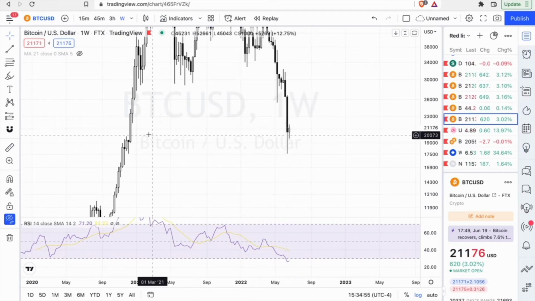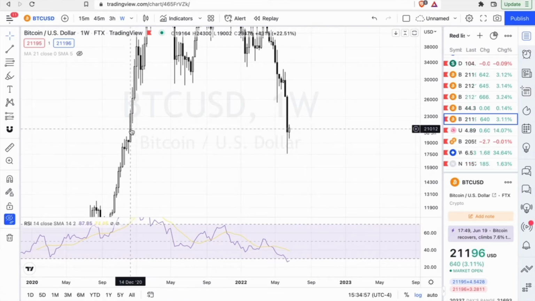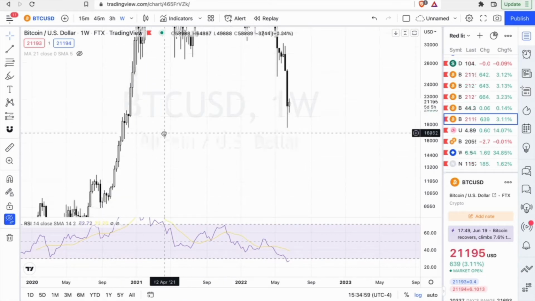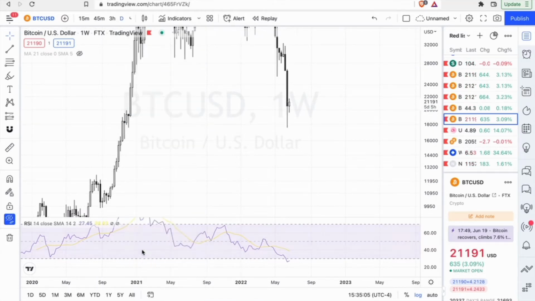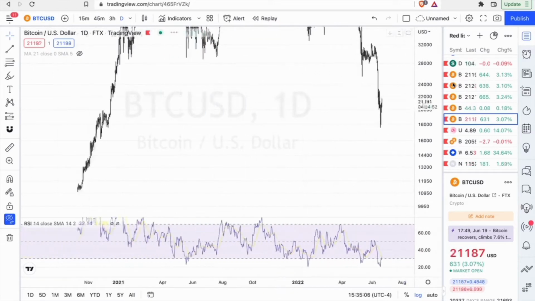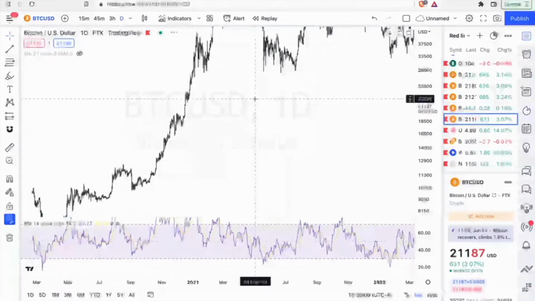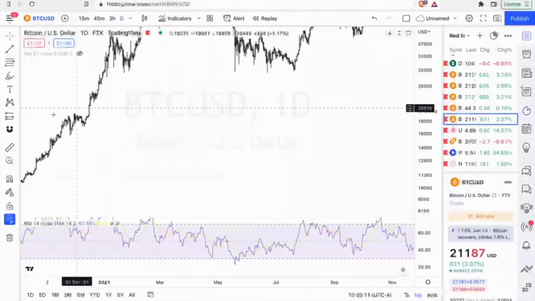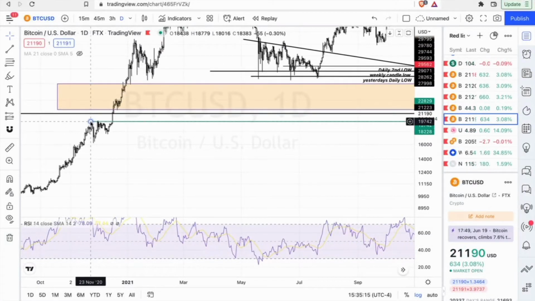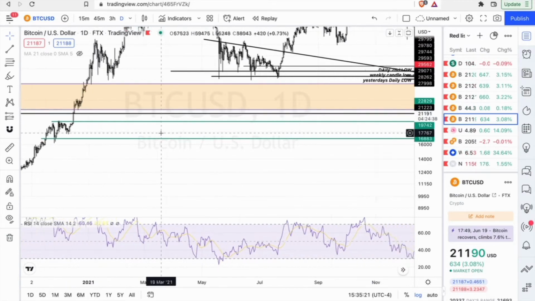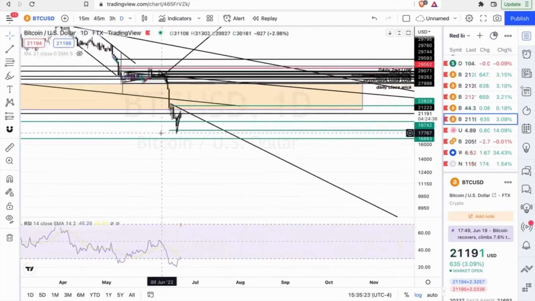You can see from this week, we came down to clear this imbalance. We came pretty much to this area in the price. And now we might be holding as support. So let's go down to the daily and see. This was our last range we were working in, and price was trapped inside of it.